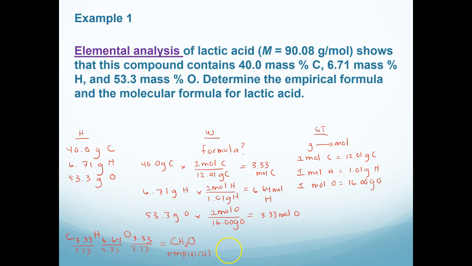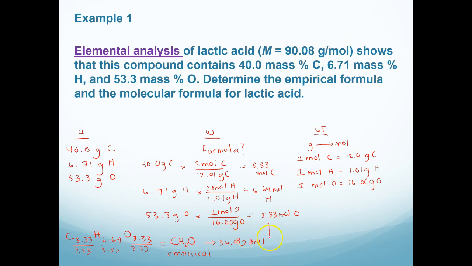In order to do that, we need to find a molar mass for this. So the molar mass for the empirical formula, if we calculate that, is 30.03 grams per mole. Okay. The next step is we want to take the mass for the molecular formula that we're given in the problem, and we want to divide that by the empirical formula mass.